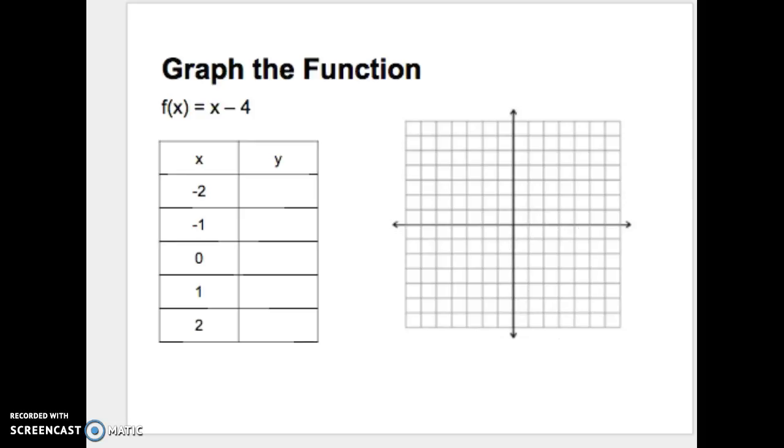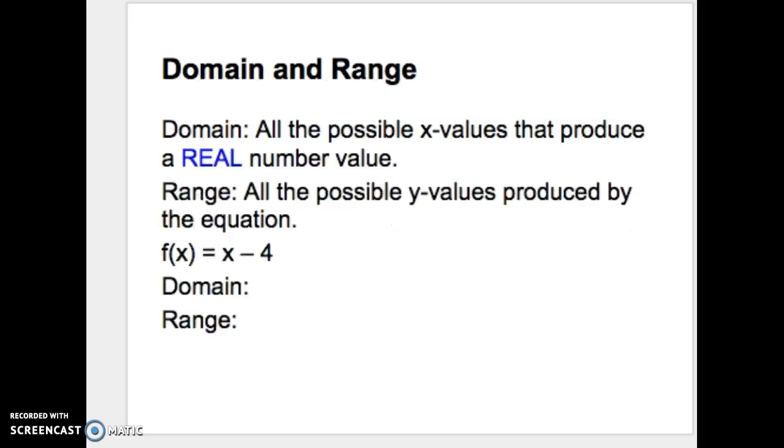What we're going to take a look at today is domain and range. How this idea of a linear equation can actually produce different domains and different ranges compared to other types of graphs.